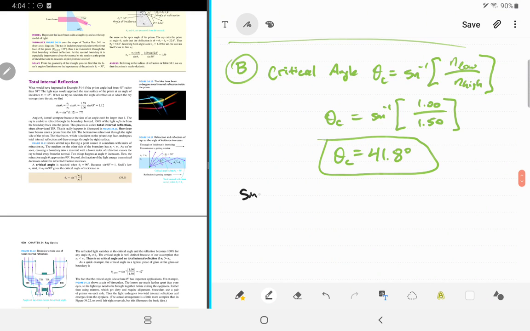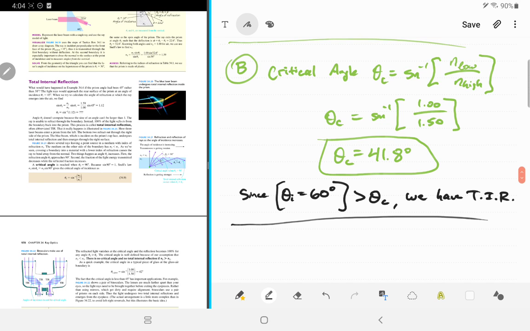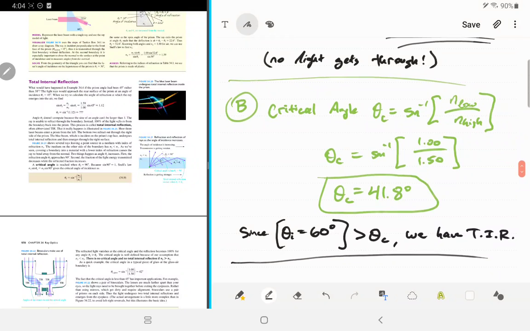Since our angle of incidence, which is 60 degrees, is greater than the critical angle, we have total internal reflection. Sometimes you'll see this abbreviation, TIR: total internal reflection. Okay, two different solutions, same conclusion. No light will go through to the air.